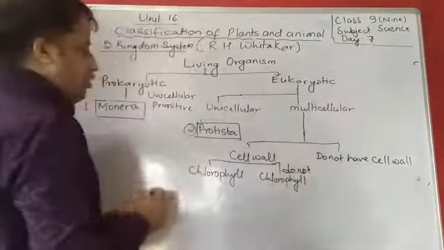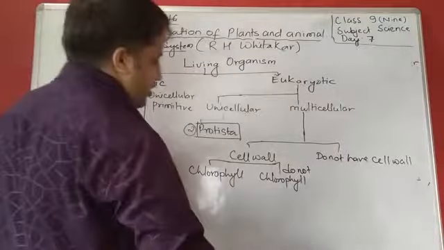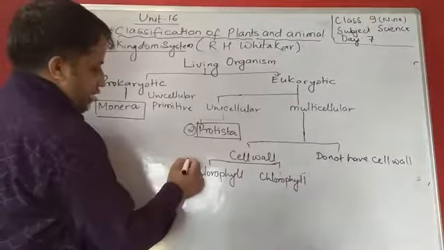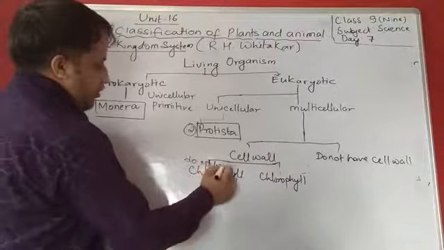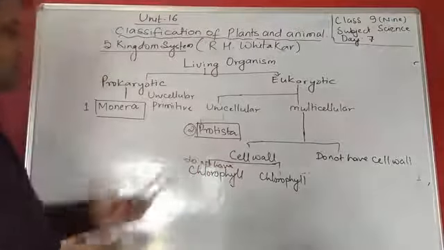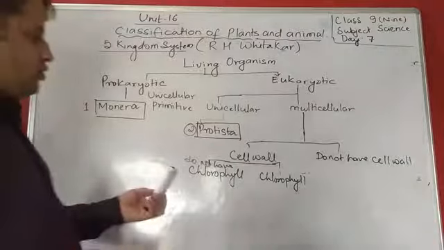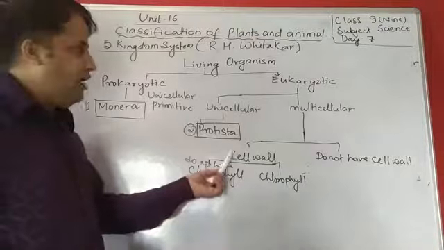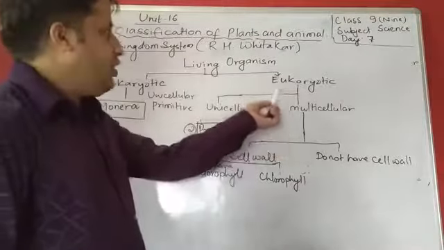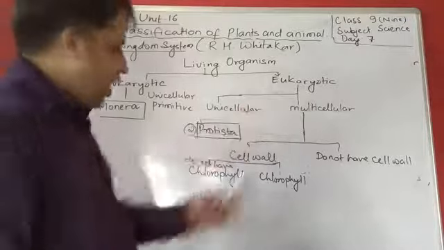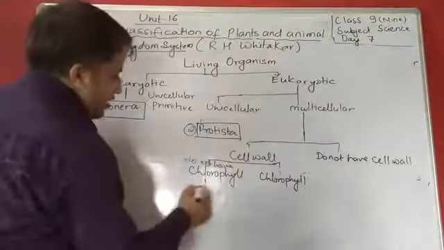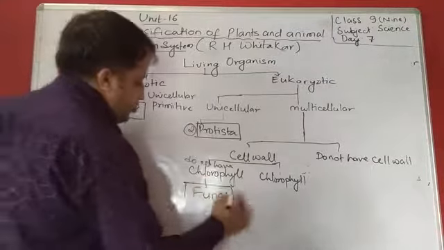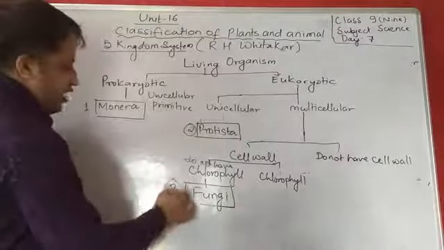So for better understanding, I will write this: those that do not have chlorophyll, that is heterotrophs, here. And these organisms which do not have chlorophyll in them but have a cell wall and are multicellular with eukaryotic type of cell are placed and named as fungi. Okay, fungi, or sometimes it is termed as fungi also. Somebody spells it as fungi or fungi.